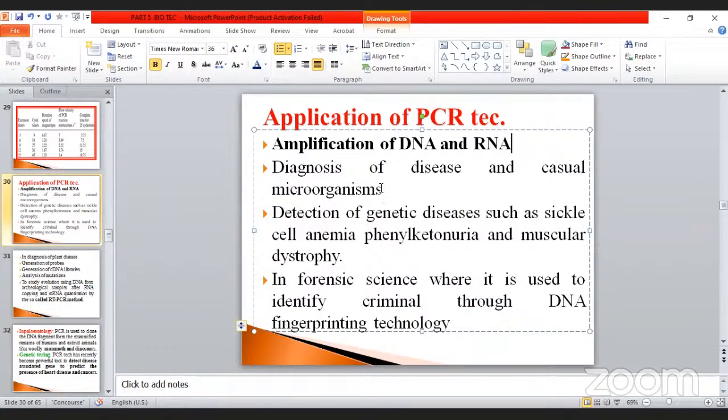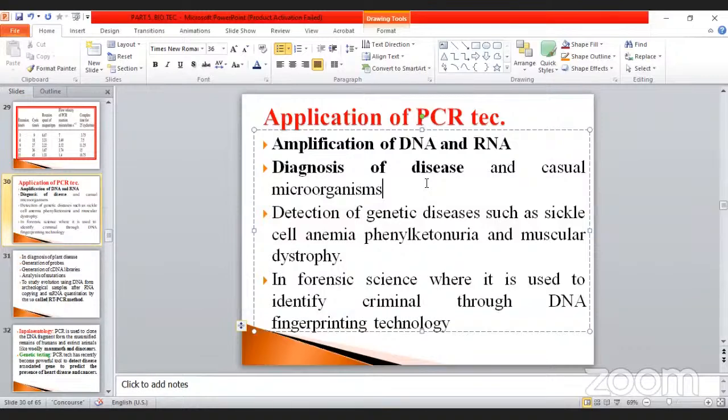The next one is diagnosis of disease and causal microorganisms. This is also another important one. After the amplification, we can identify the DNA molecules and analyze which disease it will cause. You know very well about one of the major concepts: you have a 2 meter DNA molecule, isn't it? 2 meters, 3.3 into 10 to the power of 19 base pair sequences are also there.